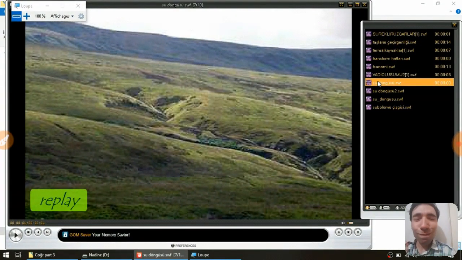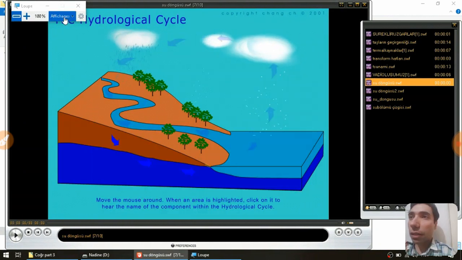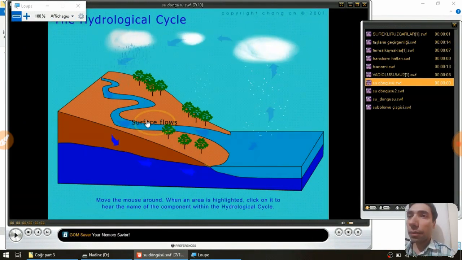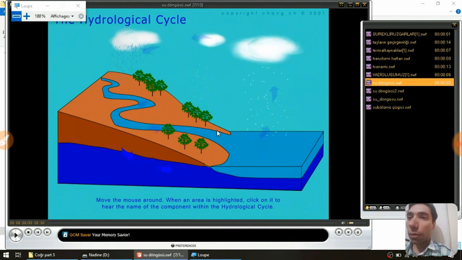So let's have a look at the hydrological cycle. The cycle flows: surface flows, evaporation. From evaporation it condenses, becomes clouds, and it precipitates.